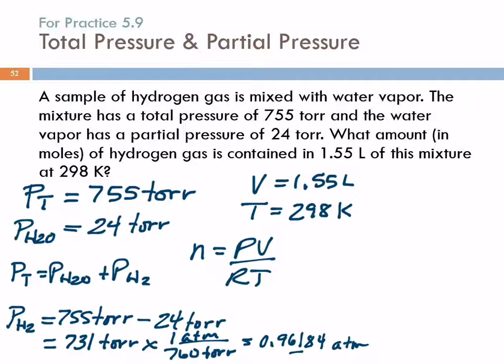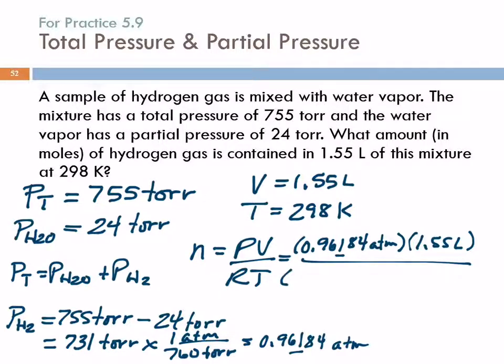Now we've got pressure, volume, temperature, and R. We can calculate moles. So pressure, 0.96184 atmospheres. Volume was given to us as 1.55 liters. R is fast becoming a good friend.